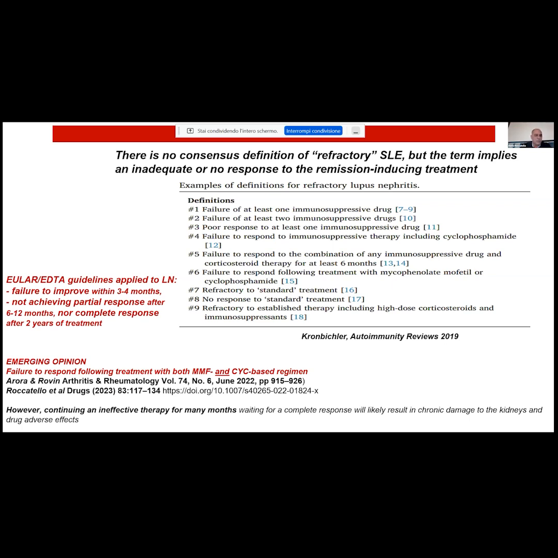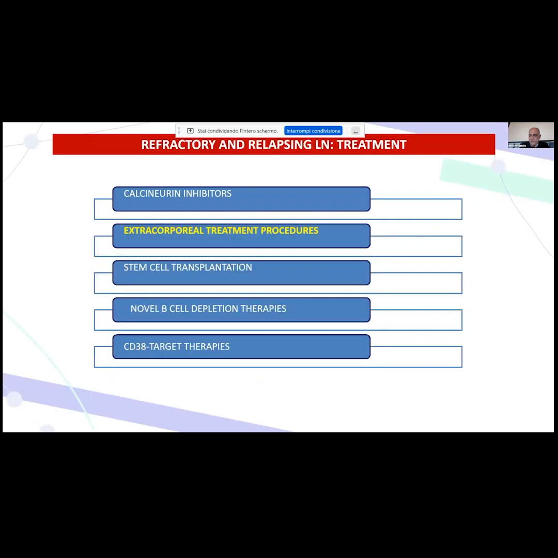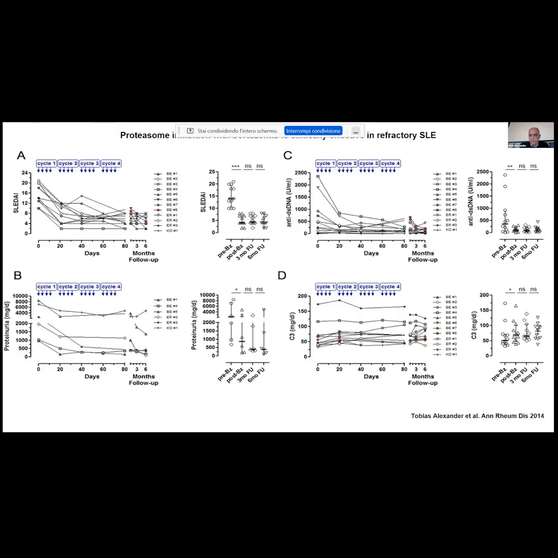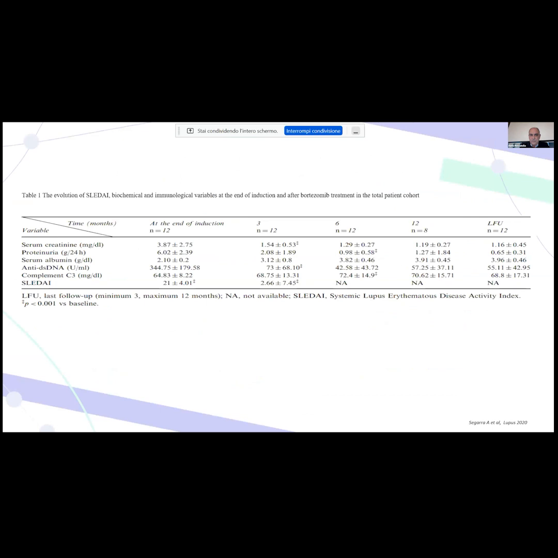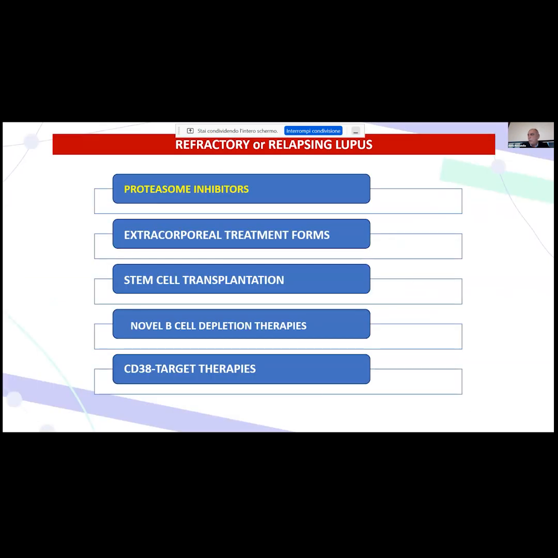However, continuing an ineffective therapy for many years, waiting for complete response, will likely result in chronic damage of the kidney, but also drug adverse effects. So, what can be the approach for refractory or relapsing lupus?